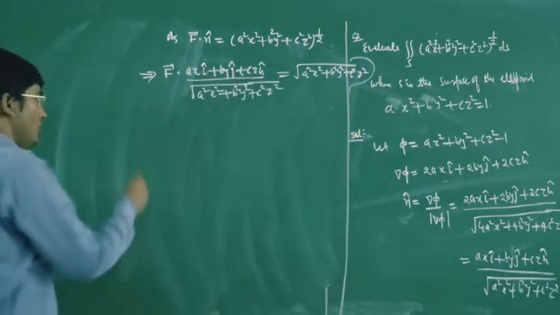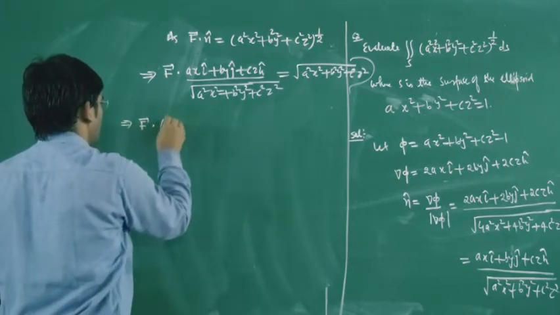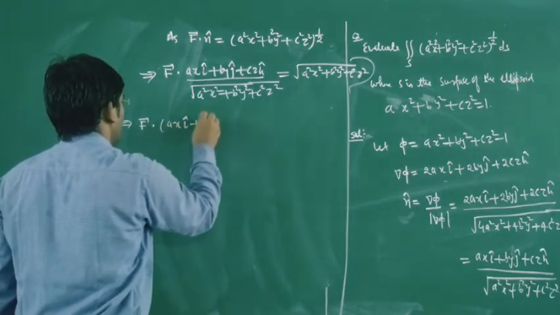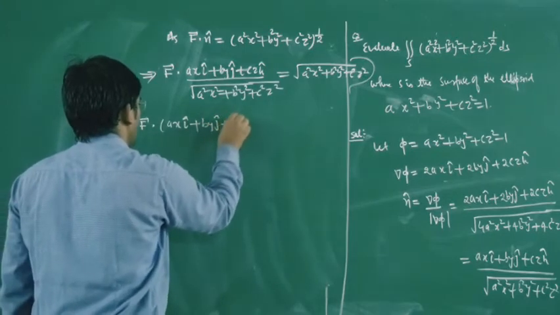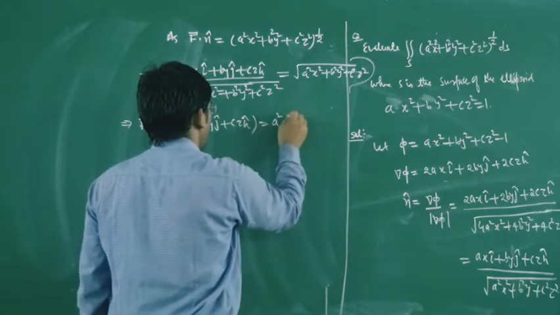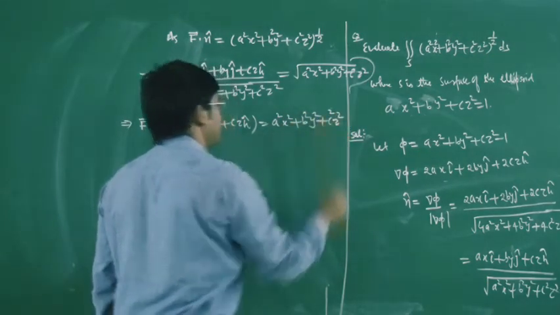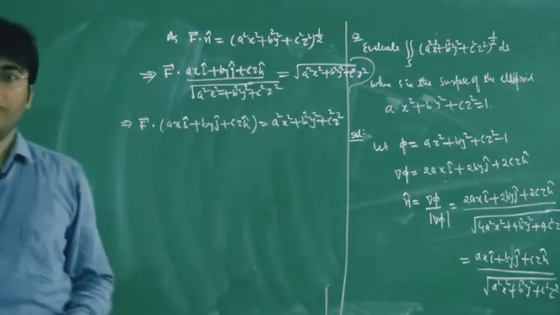So this is equal to f dot axi plus byj plus czk equal to a square x square plus b square y square plus c square z square. Now guess your f.